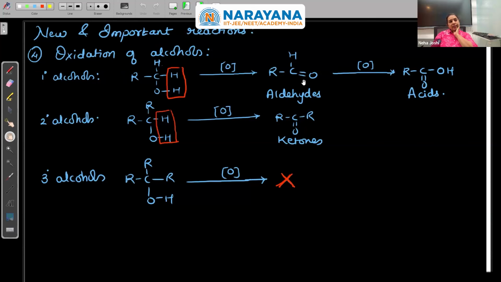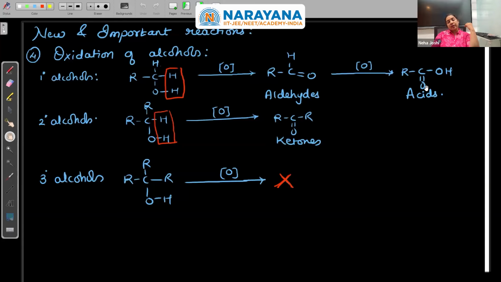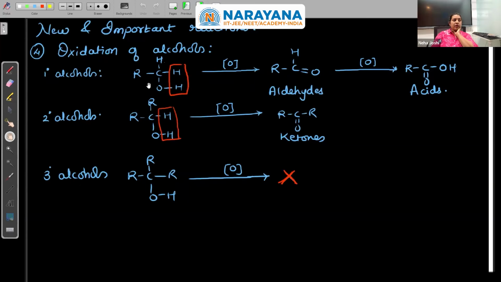Here I am removing this hydrogen as nascent hydrogen. I am getting aldehyde. If I have a sufficiently strong oxidizing agent, there is a 100% possibility that further oxygen addition will take place and I'll get acid from 1 degree alcohol. From 2 degree alcohol, I am getting ketone. Further oxidation, if I want to do by this method, is difficult.